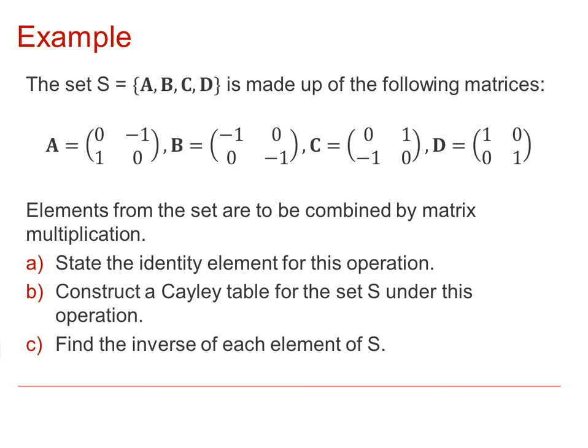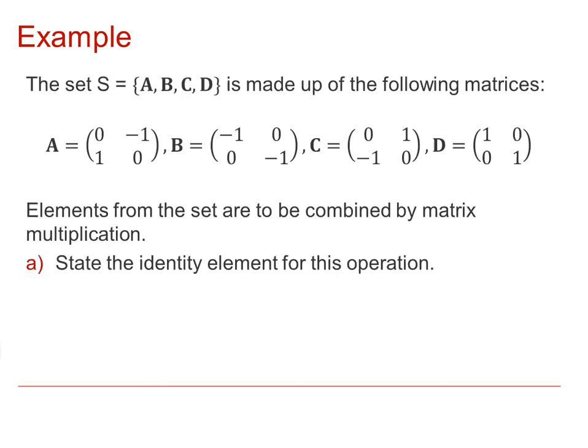Well, you'll be familiar with the identity element for matrices as being 1, 0, 0, 1. So the identity element is D, so that's the matrix 1, 0, 0, 1.